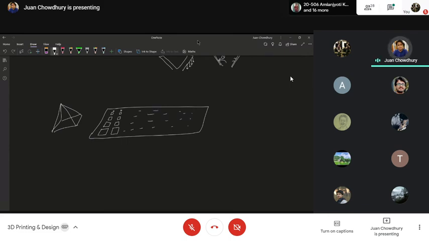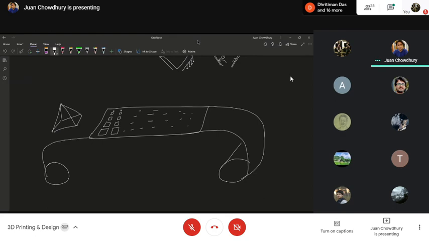Instead of a single sheet, it will be laid over a continuous roll of sheet that is available. So here, a continuous roll of paper or whatever you require, a polymer sheet.